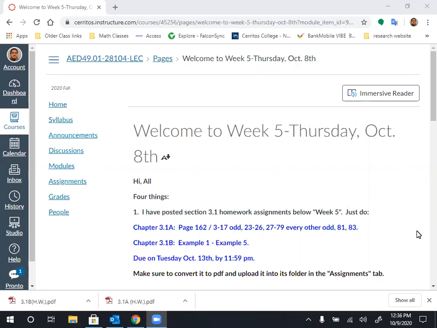So that means 27, 31, because you skip 29 and you do 31.